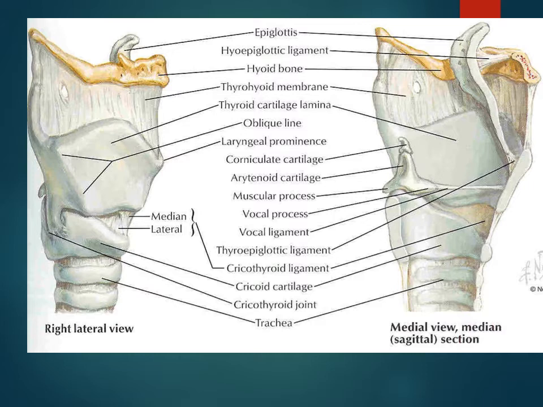This is a median sagittal section through the larynx, where it shows this is the vocal ligament. It's attached from the vocal process of the arytenoid cartilage to the posterior border of the thyroid cartilage. This is the cricoid cartilage.